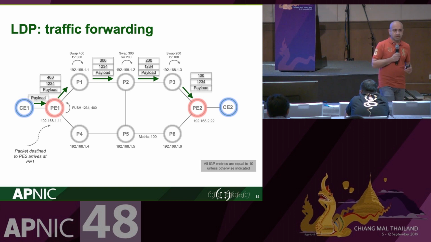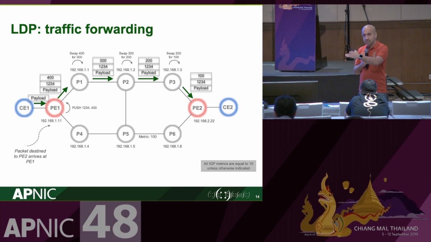Now that label on top is called the transport label. Transport, because the job of the label is to get you to a specific node. And the inner label, the one at the bottom there, is called the service label, because it tells you what to do once you've got to the destination. Does that make sense?